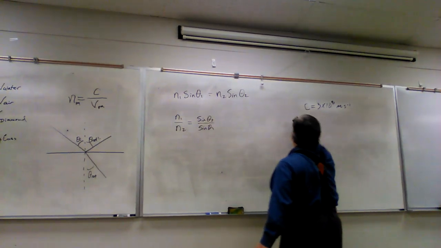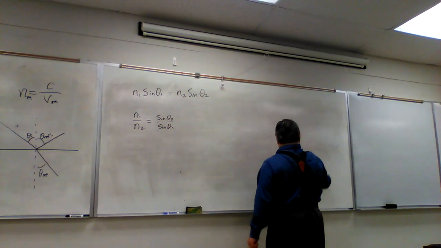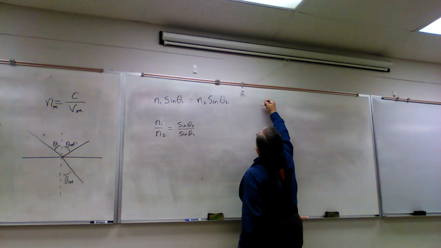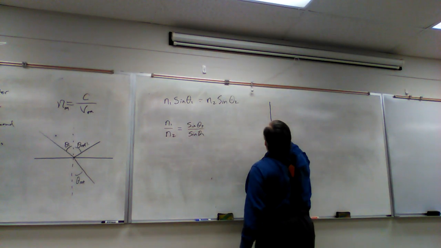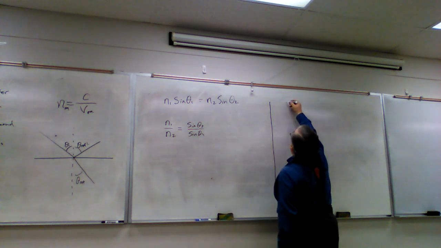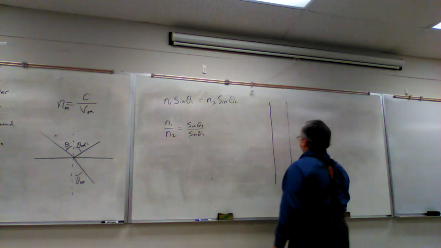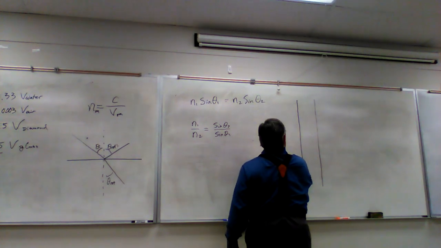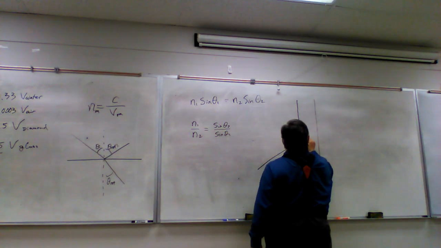So let's look at what happens as a ray of light is passing through a pane of glass. You've got a ray of light coming in at this angle theta.